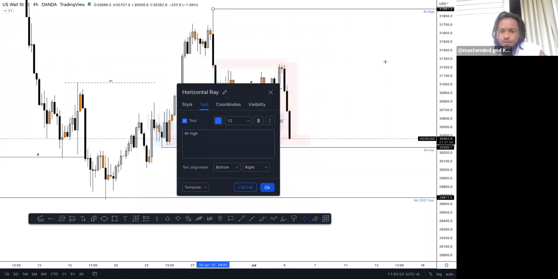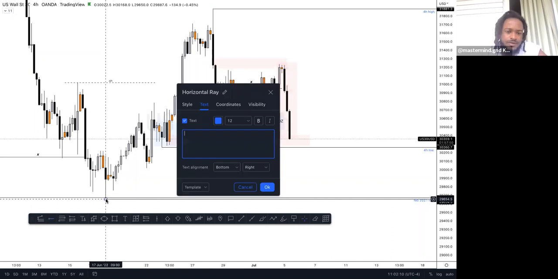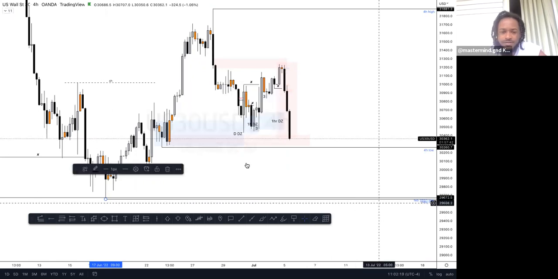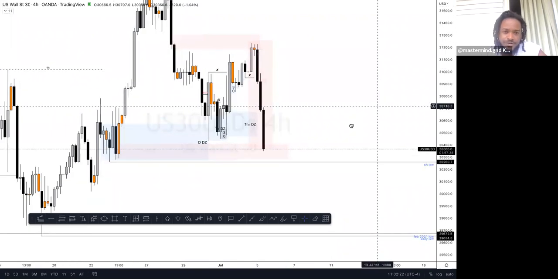So once the 4 hour low is taken out, then we can expect the daily low to be taken out because obviously the market has continued to make lower lows, lower highs, right? If it's in a downtrend, which we know is in a higher time frame downtrend at the moment, right?